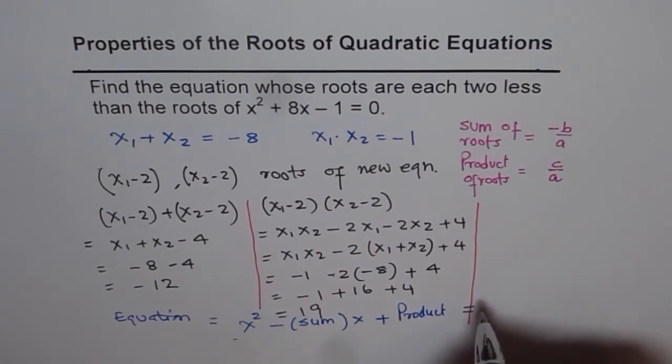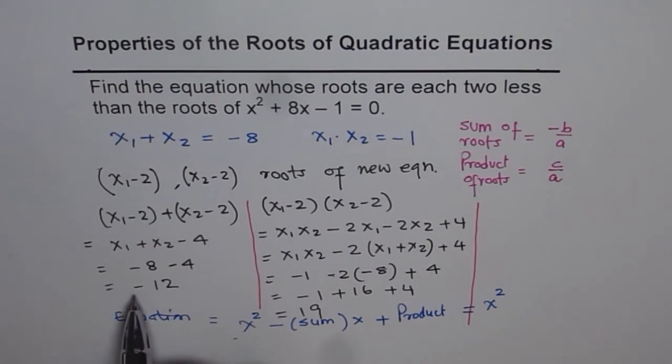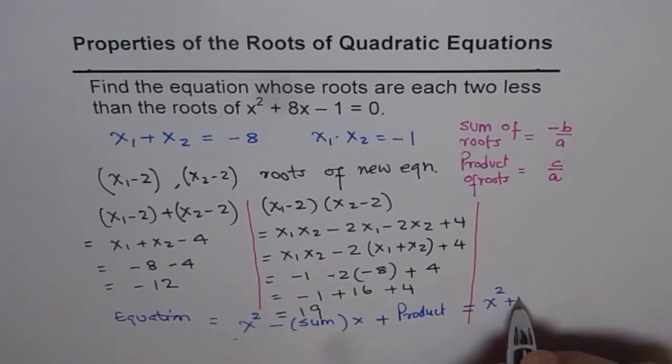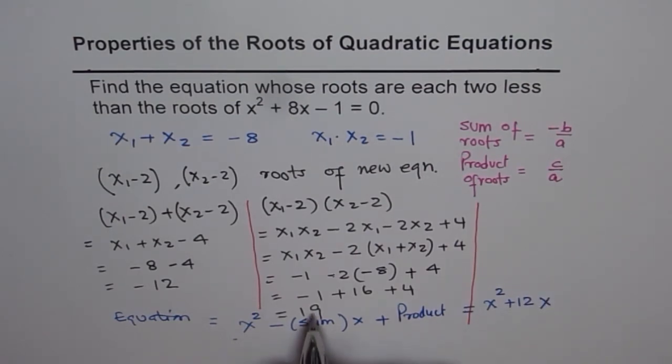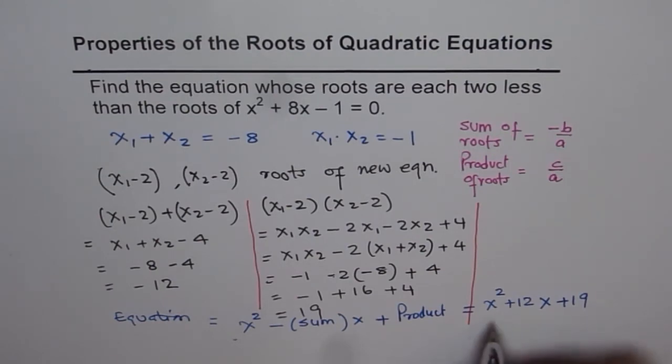And then we will write down our equation, which is x squared, and the sum will be minus 12. So minus of minus makes it plus, right? So we get plus 12x, and the product is plus 19, right? So that is the equation, and therefore our equation is x squared plus 12x plus 19 equals 0.